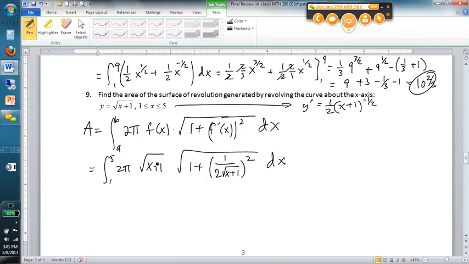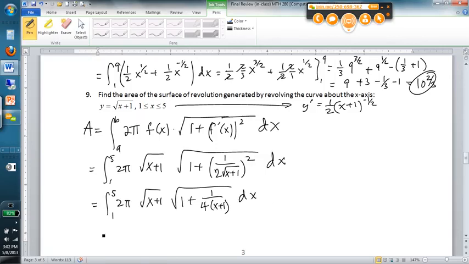Well, let's see what happens there. Usually some nice things do happen, which I think they do here. That's going to be the square root of 1 plus 1 over 4 x plus 1, because the square root squared is just going to leave the inside part. What do I do next?